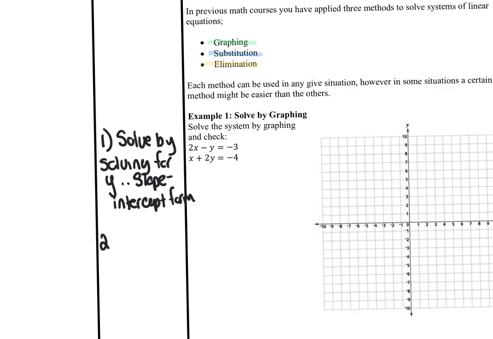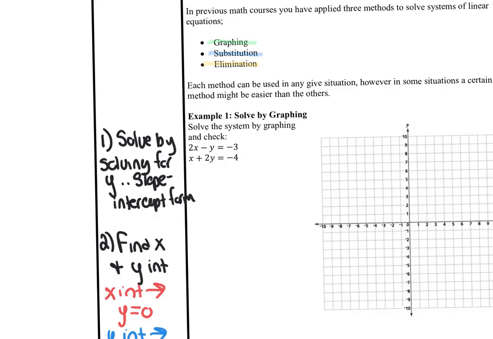Or option 2 is find x and y intercepts. Usually when you're in standard form, which both of these are, remember standard form is ax plus by equals c, finding the intercepts really is the easiest way. So just a reminder, for the x-intercept, you let y equal 0, and for the y-intercept, you let x equal 0.